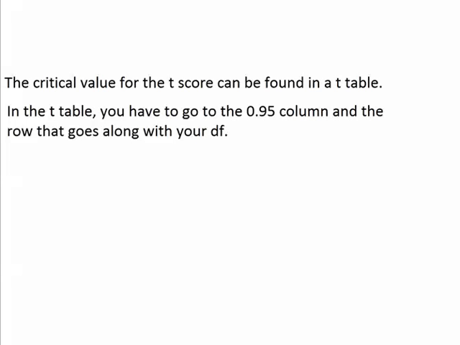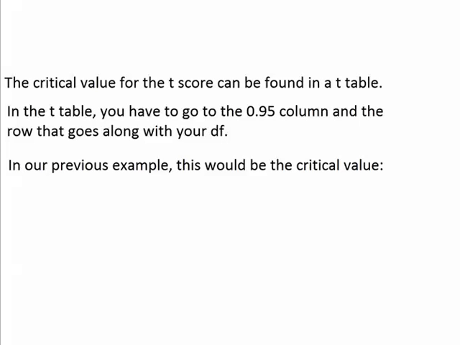In a t-test, the table that you go to is called the t-table. You go to a column that says 0.95. Typically, the column that you go to is always 0.95. I'll explain where that comes from in just a few minutes.